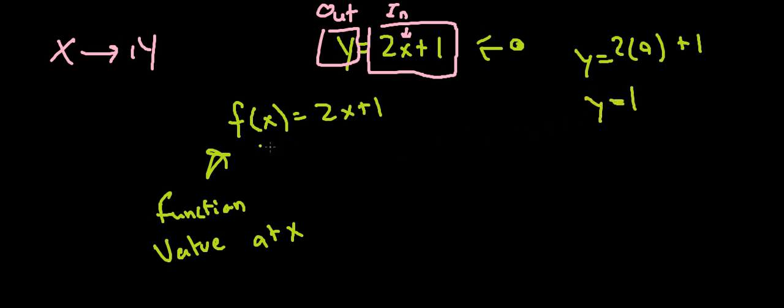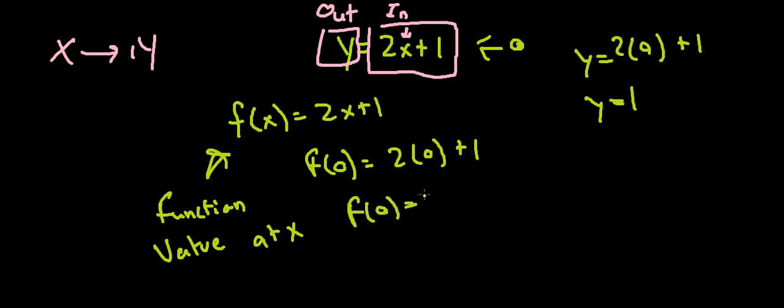So this is exactly the same thing. I'm doing f of 0 is equal to 2 times 0 plus 1. It makes it a little bit more clear. It says what we're putting in for our function value, which is 0, and we still get the same answer. So f of 0 is equal to 1.